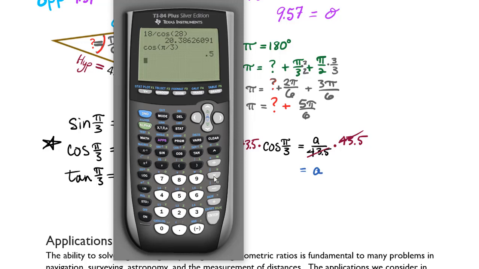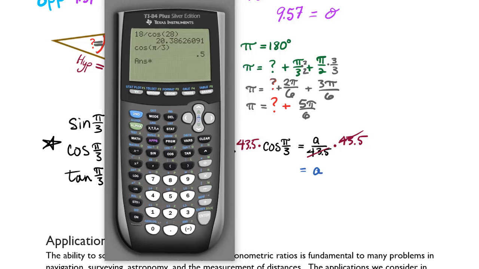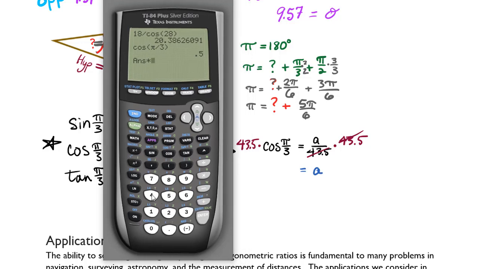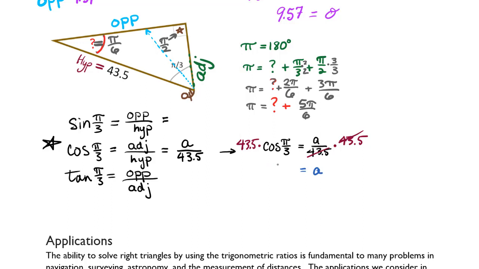I'll hit enter and then multiply by 43.5. So my adjacent side is 21.75 units. And lastly, we need to figure out the opposite side.